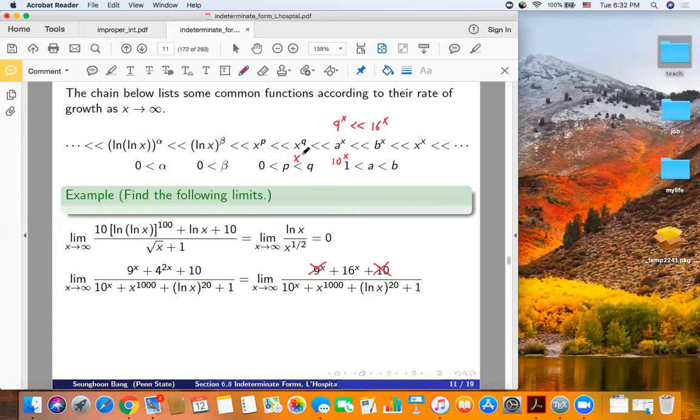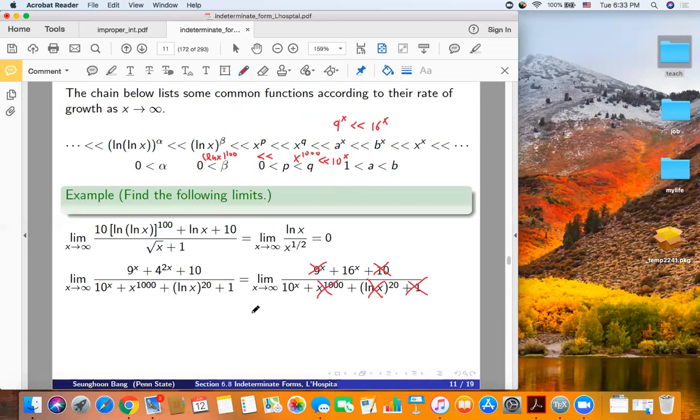X to 1000 is here. ln of x is here. ln of x to the power 100. You can use this inequality. What happens? 10 to the x is growing faster than any other things. Ignore slow one, ignore constant.